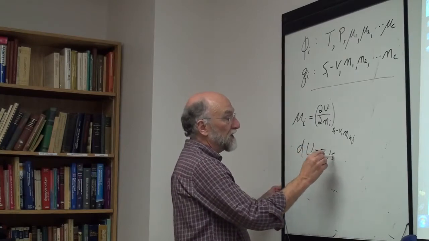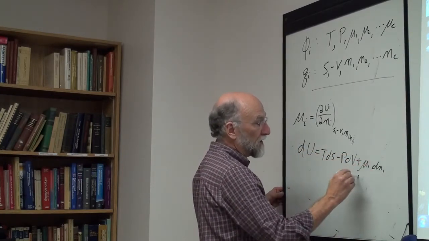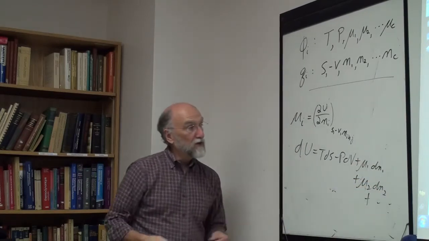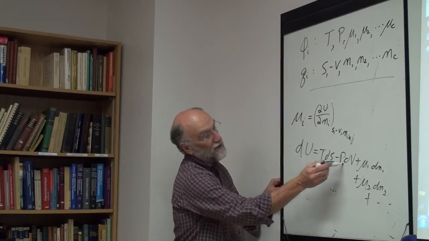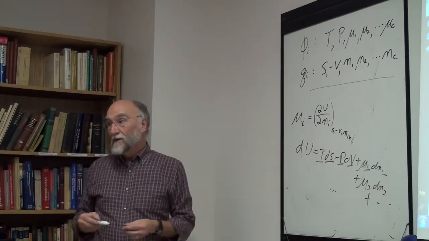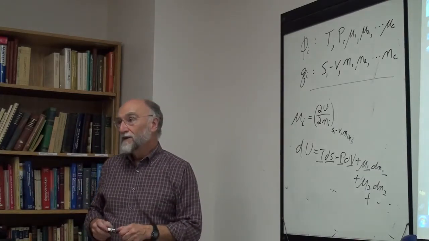dU is equal to TdS minus PdV plus mu1 dN1 plus mu2 dN2. The fundamental equation of thermodynamics: here you have T and S, here you have minus P and V, mu1 and N1. If you write out the Gibbs-Duhem equation, you get the same pairs of variables in each term.